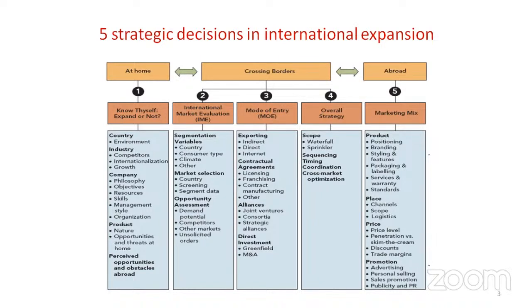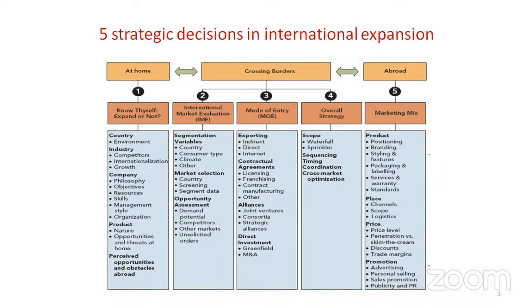First, there is just the decision to expand or not. As I said, doing the core analysis: what is our country and our environment? In the domestic market itself, the marketer does his own analysis.